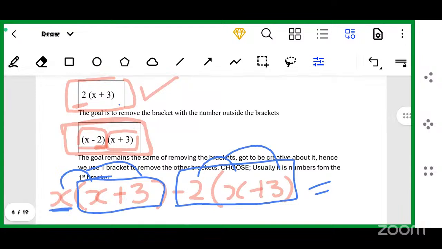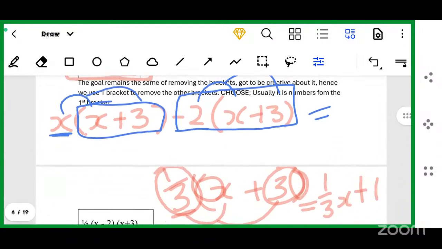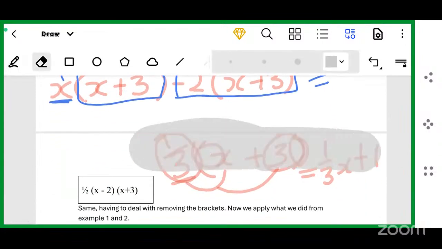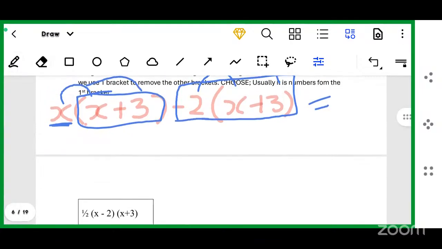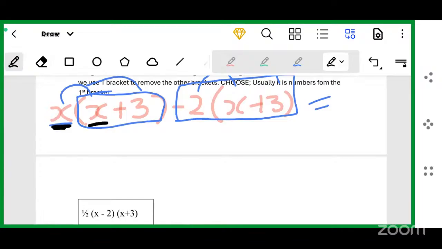Yes, ma'am. Okay, so let me create space here. So now we're gonna have, what is x times x? So now we're working this, so it's x multiplied by x. X multiplied by x equals x to the power of 2.